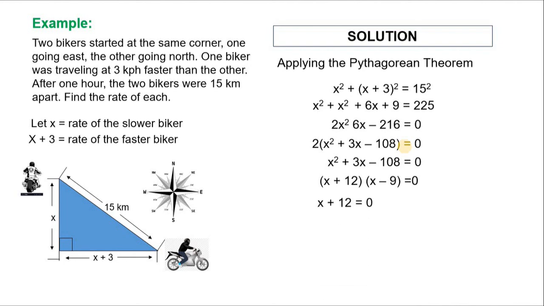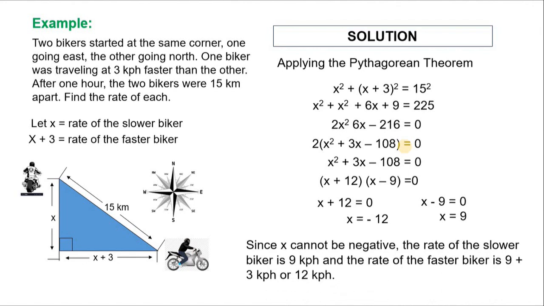So x plus 12 equals 0, x minus 9 equals 0, x equals negative 12, and x equals positive 9. Since x cannot be negative, the rate of the slower biker is 9 km per hour and the rate of the faster biker is 9 plus 3, or 12 km per hour.